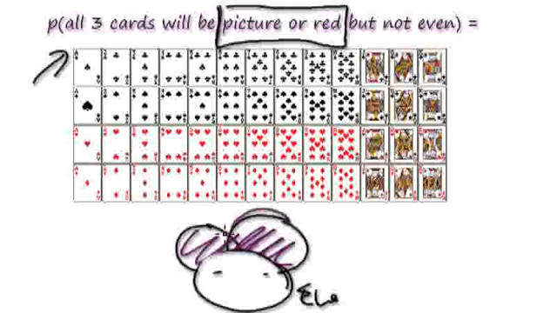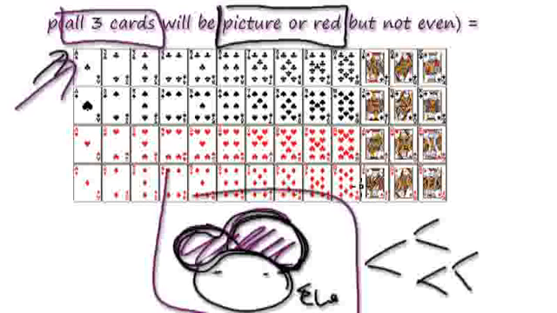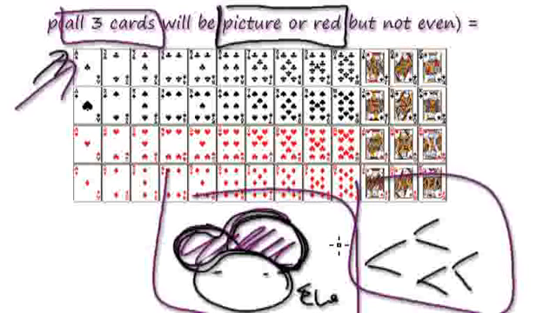You basically want the cards coming from this segment here, and then jump to your tree diagram to get a picture of what's going on for the 3 cards. So to answer this question, you've got to draw the Venn diagram and the tree diagram, and then combine the two to answer the question.